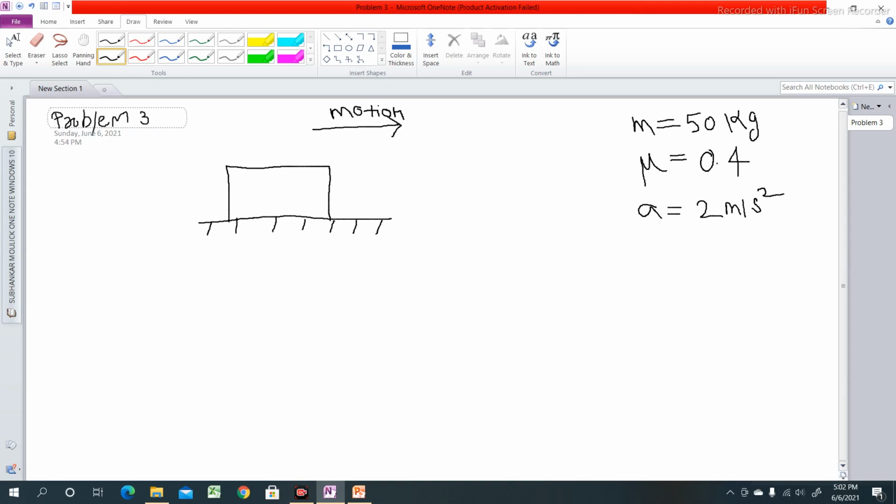And how are you giving this acceleration of 2 meter per second square? It is again written in the problem: by applying a push force P to this block at an angle of 45 degree with the horizontal.